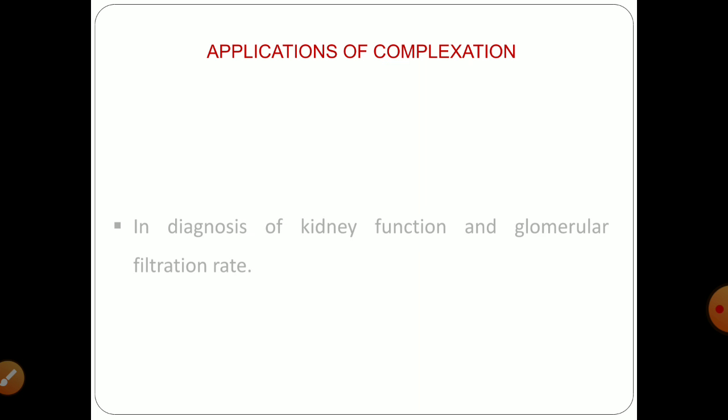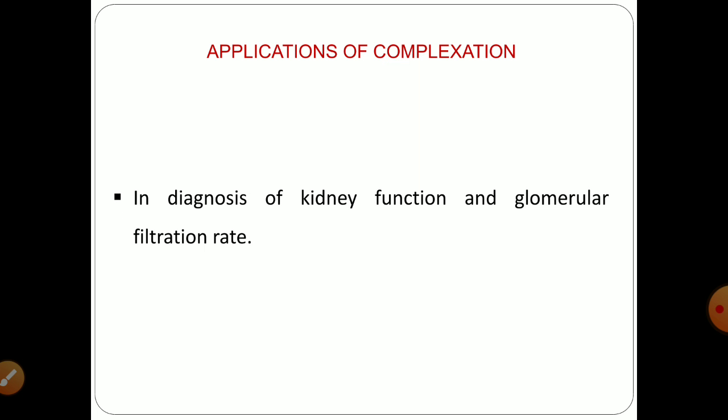The next application of complexation is associated with diagnosis of kidney function and glomerular filtration rates. Coordination of a radionucleotide with citrate, if you are using technetium 90 as the radionucleotide, will form a complex with citrate used to diagnose kidney function and glomerular filtration rate.